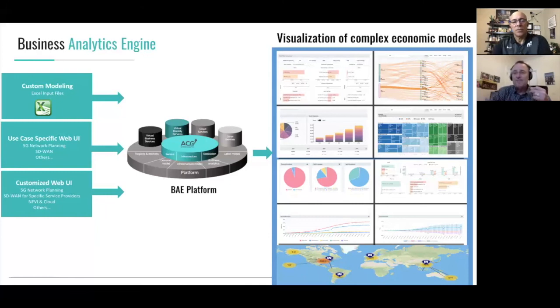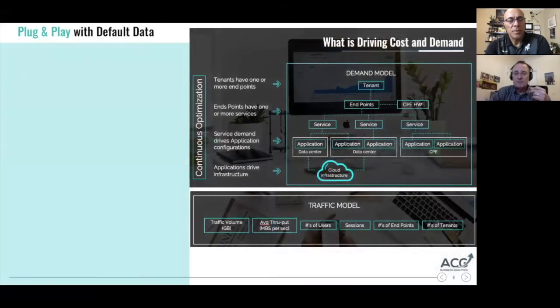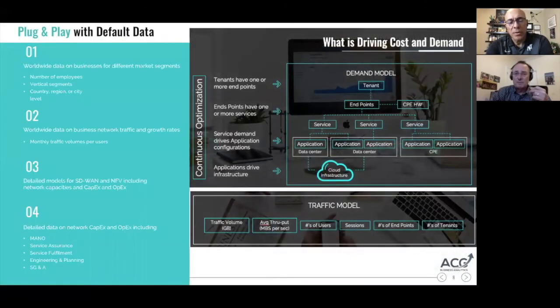Yeah, this is great because from a simulation point of view it becomes more credible. Now, how do you model and how do you build it? Yeah, so the way our BAE modeling system works is it really starts with the concept of tenants and endpoints. I can have a multi-tenant system, and this could actually be used when we have cases with network slicing and things like that, or VPNs.